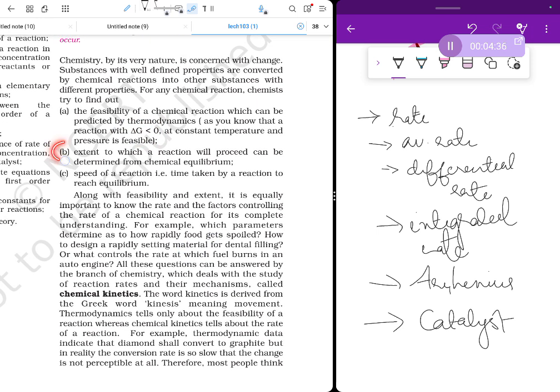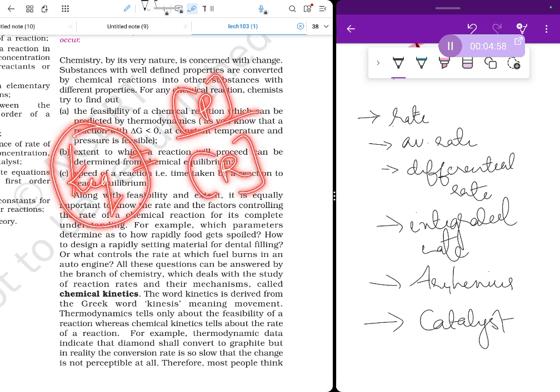The extent to which a reaction will proceed can be determined from chemical equilibrium. If the equilibrium constant is very large, like 10 to the power 5, we know that K equilibrium is equal to product concentration divided by reactant concentration.